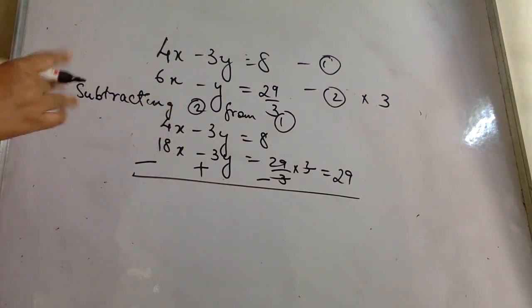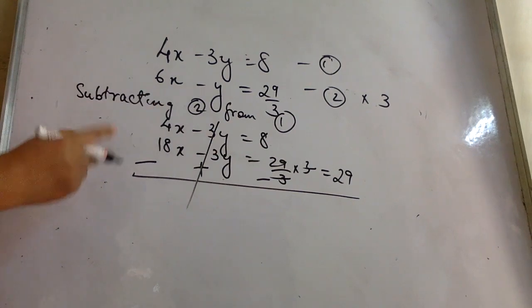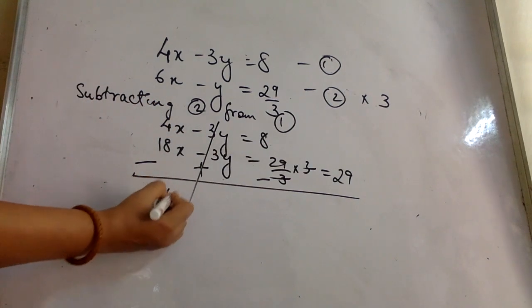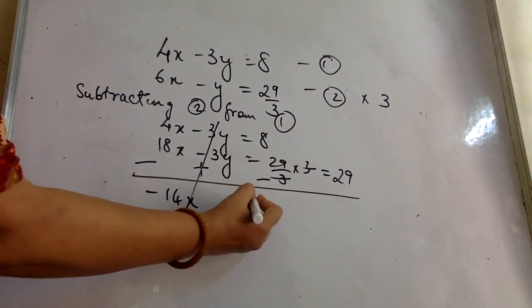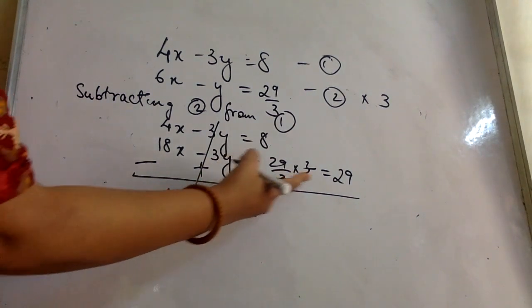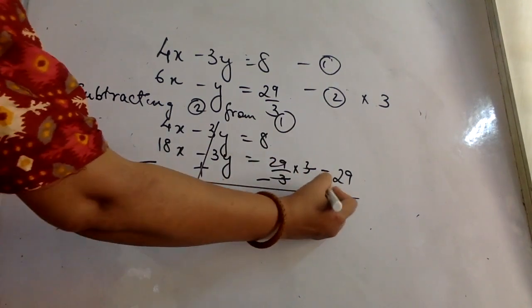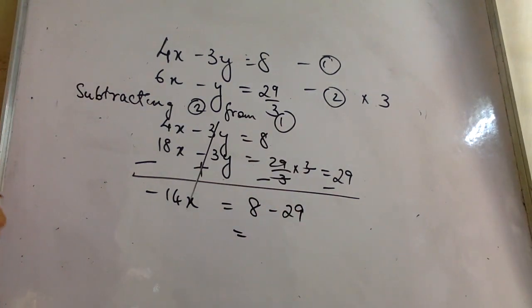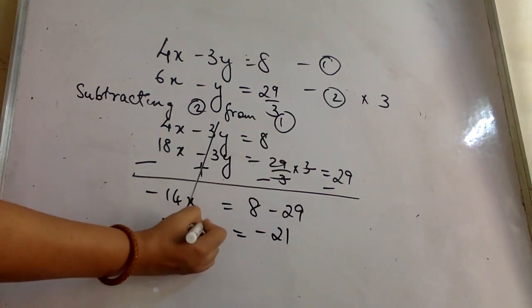You know that we change signs in subtraction of algebraic expressions. The y term is gone now, completely 0. This is minus 14x, and this is 8 minus 29, because we have made it negative. So 8 minus 29 gives me minus 21. Here minus 14x.